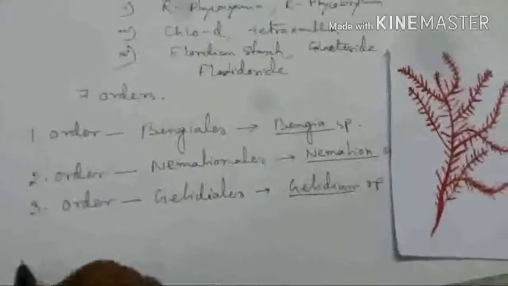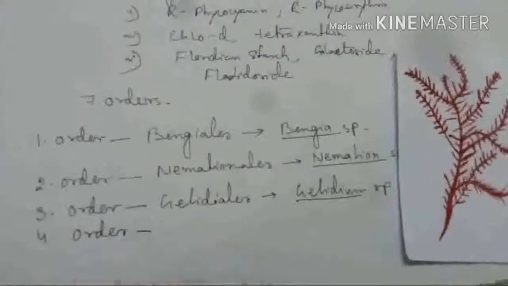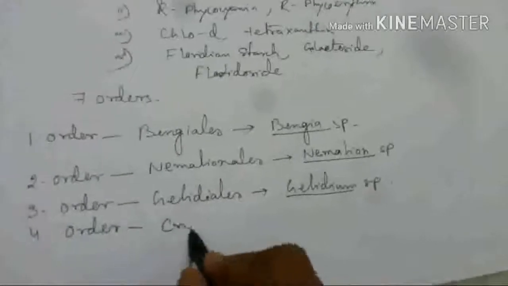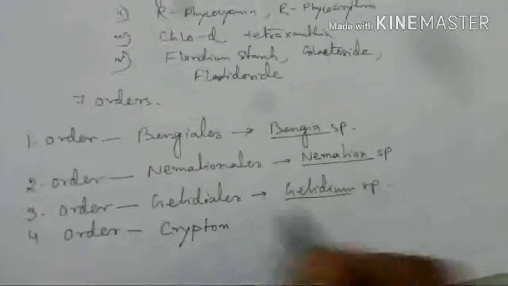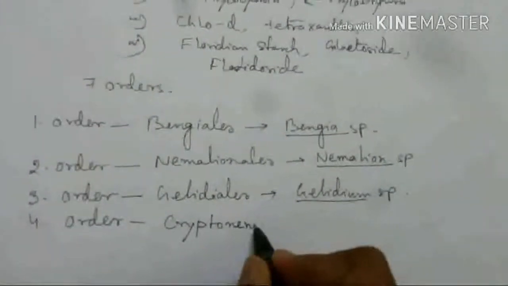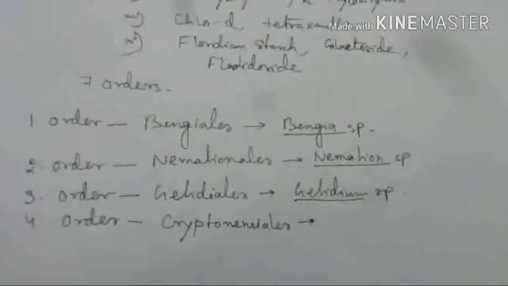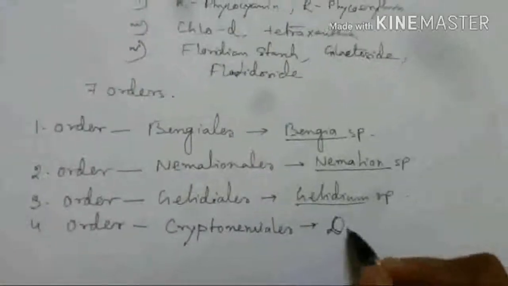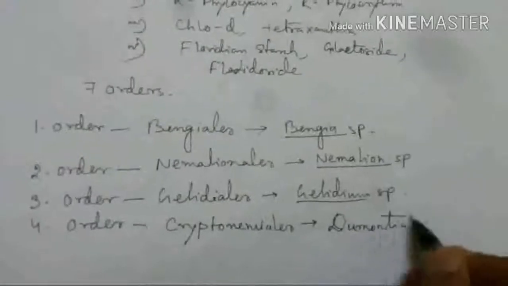Now the fourth order is Cryptonemiales, and an example of this order is Dumontia algae.